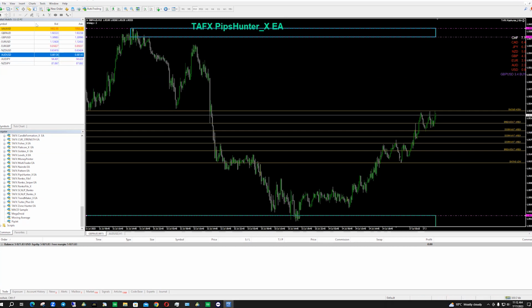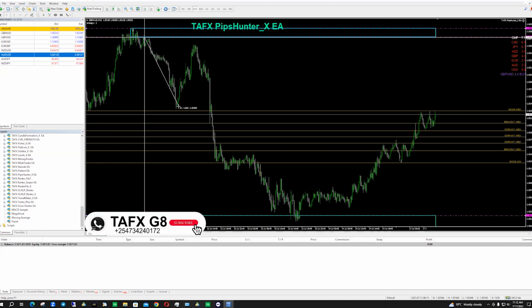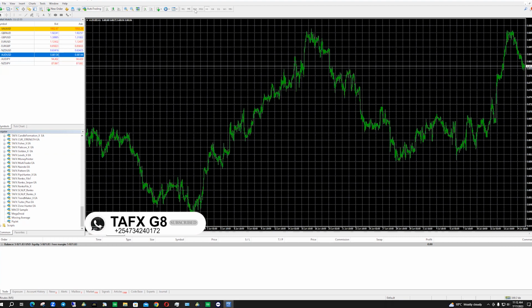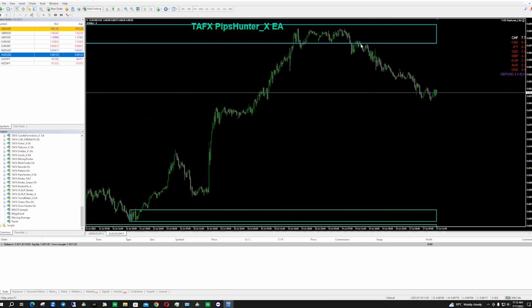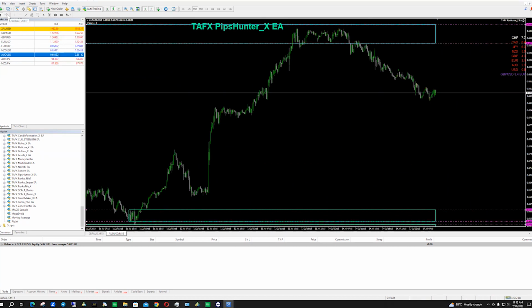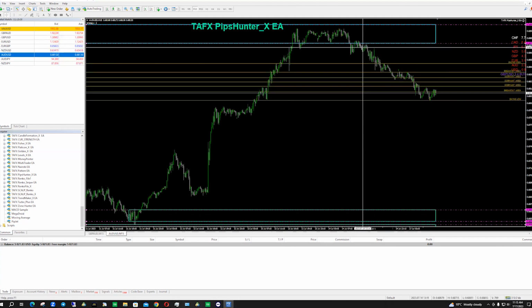50 pips and above. Let us count here, for instance, and see how many pips were there. That is 135 pips. Let us go to AUD USD 15 minutes and see what we can get there. From the key zone, there is where we are. Let's say, for instance, we have a sell here.